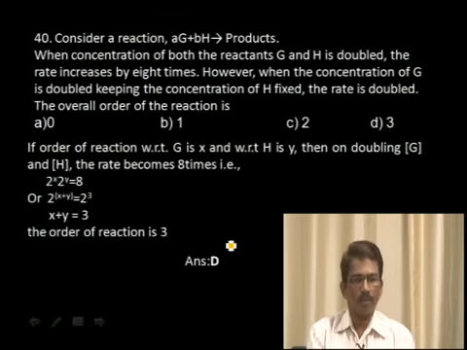In question number 40, you have been given a reaction G plus H gives products. When the concentration of both the reactants G and H is doubled, the rate increases by 8 times.